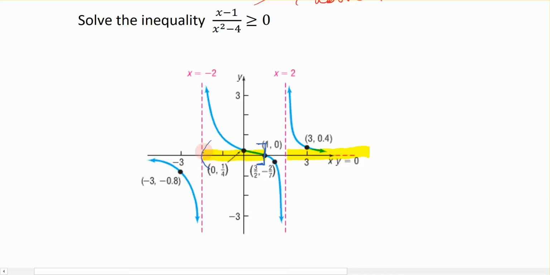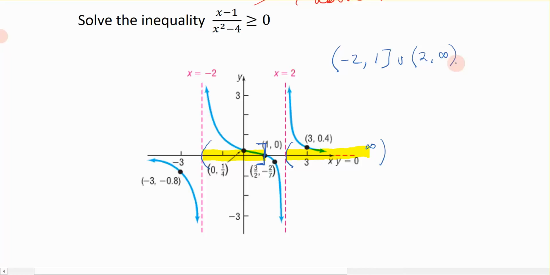So I would be from -2 to +1, and then here we have an asymptote, so we would have a parentheses there all the way to infinity, closing my parentheses. So that solution set looks like (-2, 1], with a bracket on 1 and a parentheses on -2, union (2, ∞), parentheses for this one, +2 to infinity.